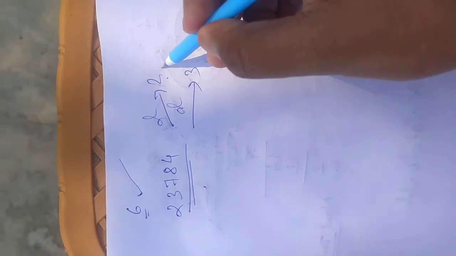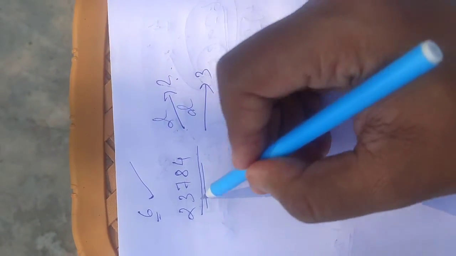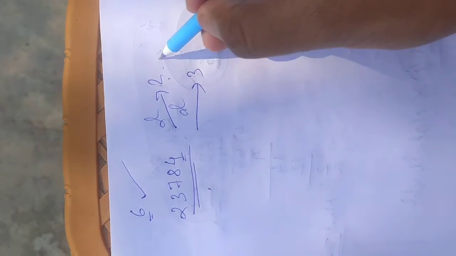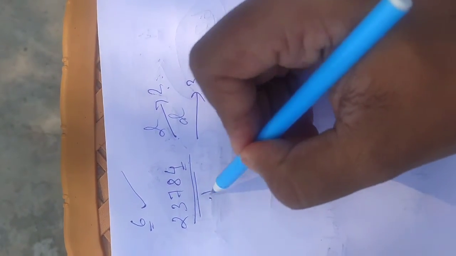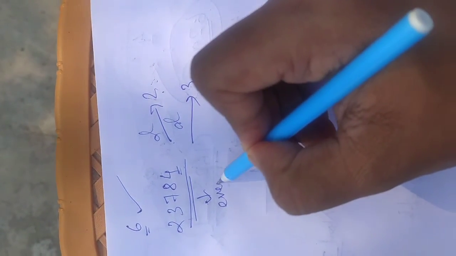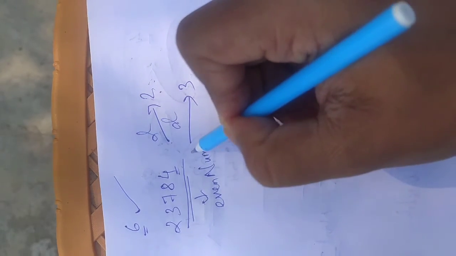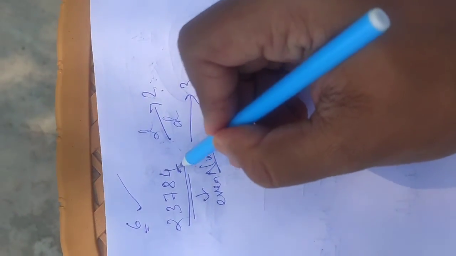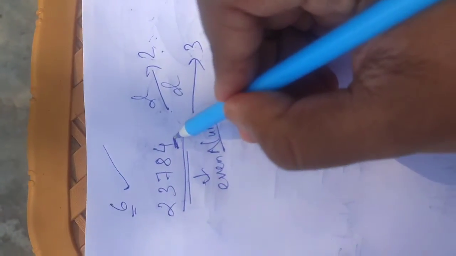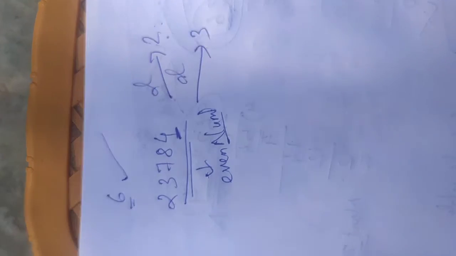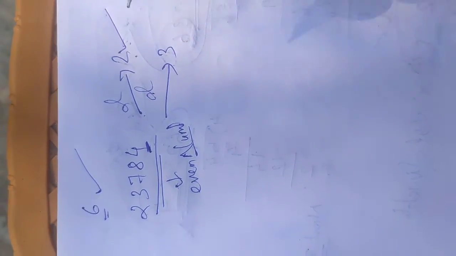So we'll check for divisibility by 2. Is this even or not? The last digit is 4. Therefore, it is an even number and it is divisible by 2.